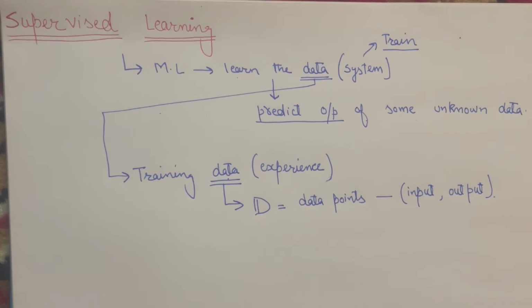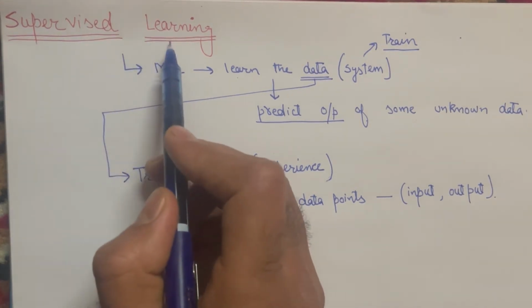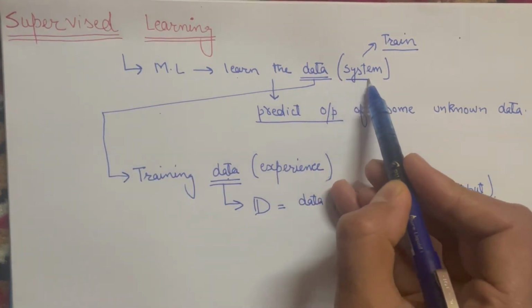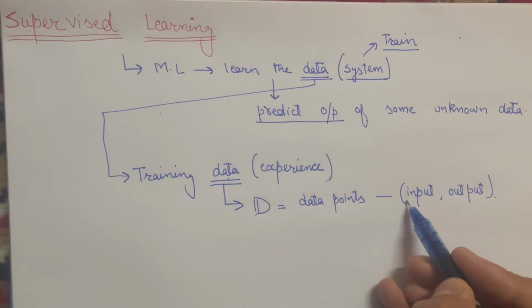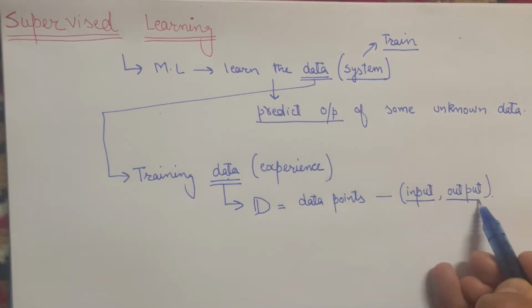So in supervised learning, we are training the system using data, and that particular data set has both input and an associated output.